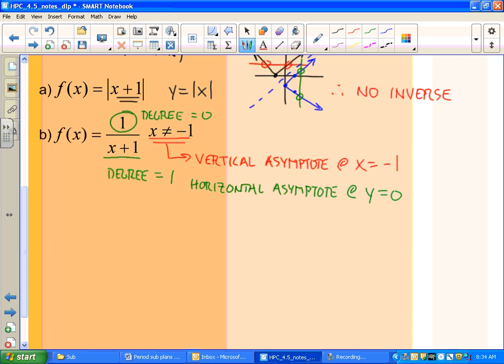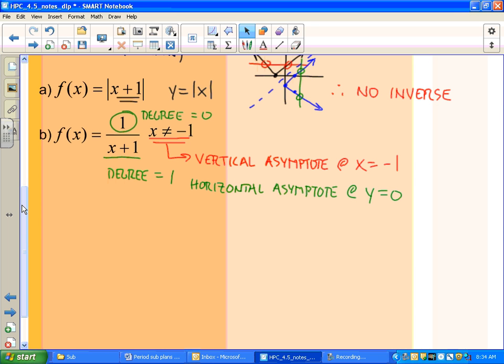The other rules: when the degrees of the numerator and the denominator are the same, then you're looking at the lead coefficients. Technically, what we would do is think about long division, and the remainder would become our equation for our slanted asymptote. And when the degree of the numerator is bigger than the degree of the denominator, you have no horizontal asymptotes.